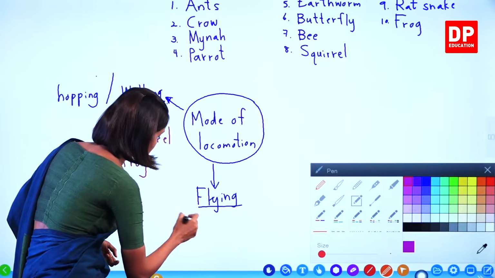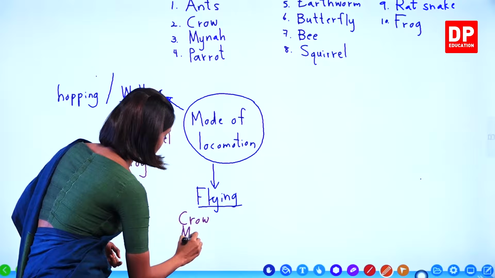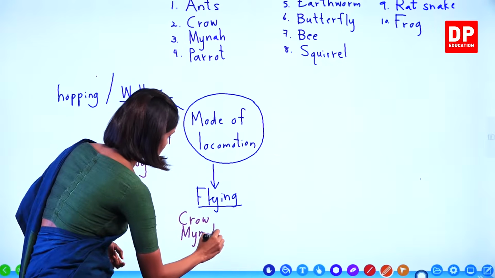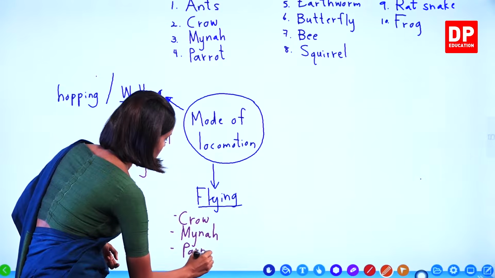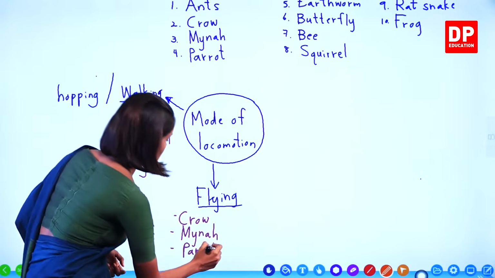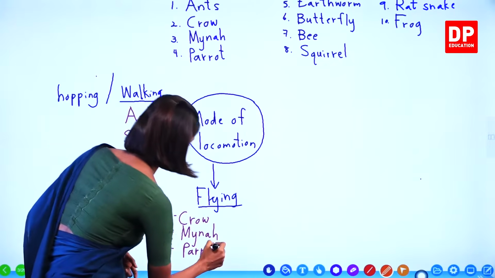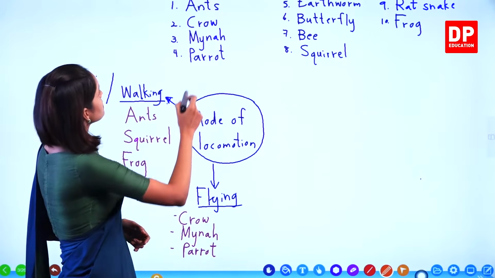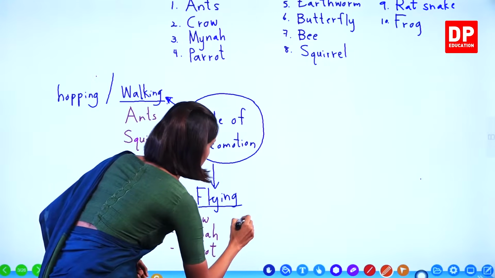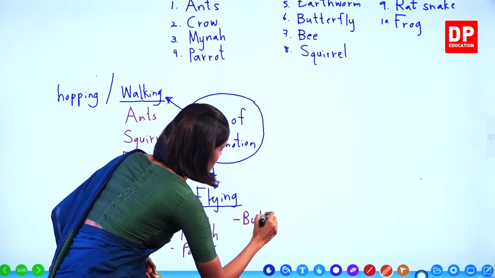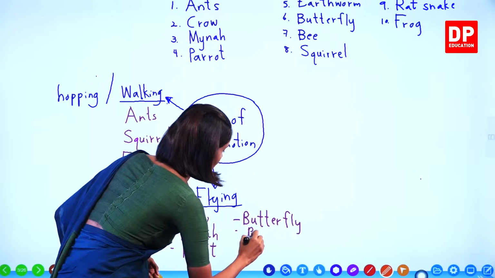We will write crow, myna, and parrot. And then we have butterfly, bee.